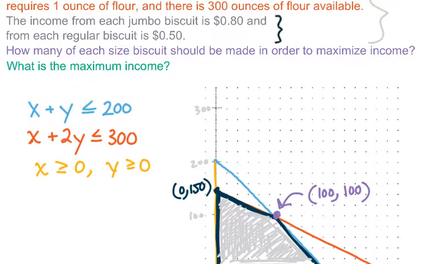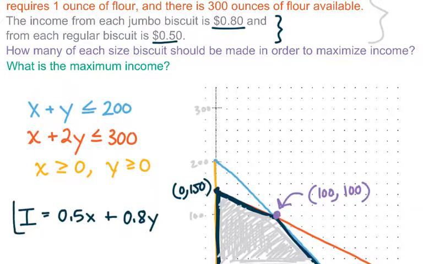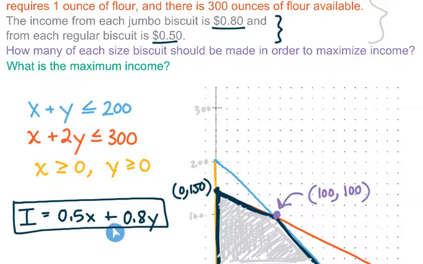Well, that's where this other information regarding the income comes into play. Our total income for our target equation, we're going to get 50 cents, or 0.5x, plus 80 cents, 0.8, for each jumbo biscuit, y. So we want to determine what that maximum income will be.